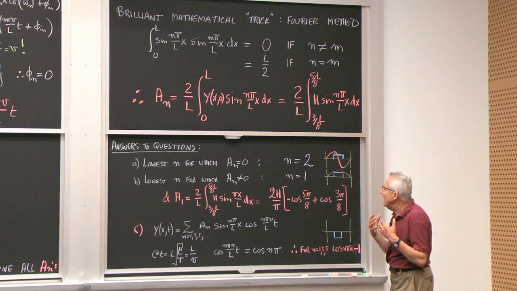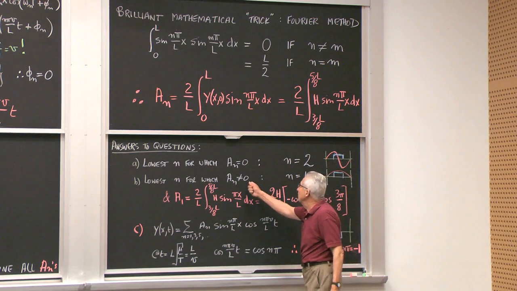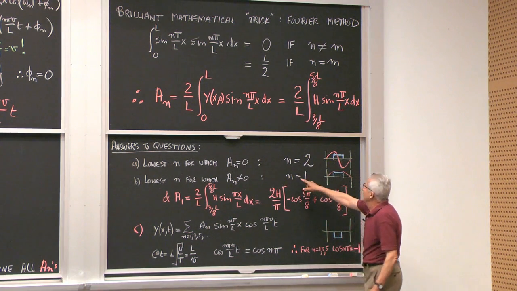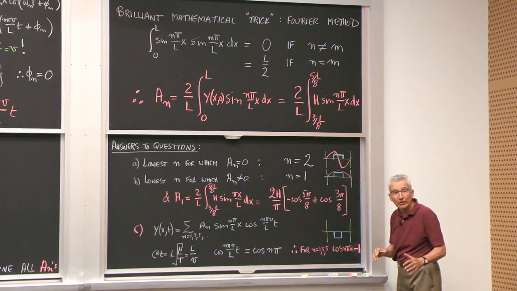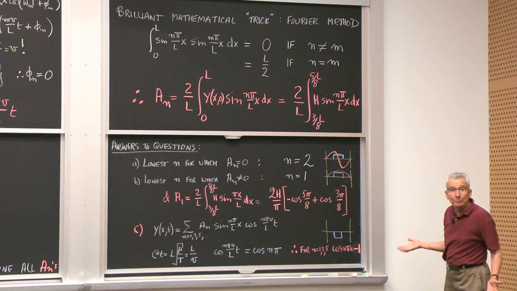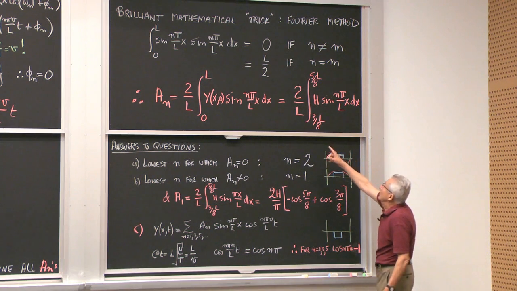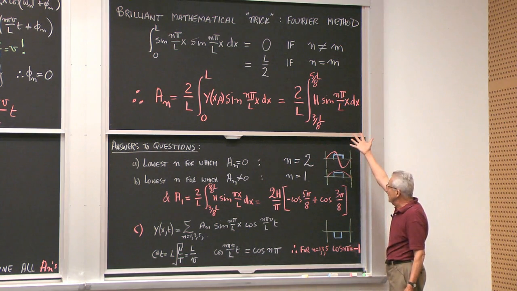Which is the lowest n for which it is excited? In other words, for which an is not equal to 0? Well, I told you, when n equals 1, clearly an is not 0. So the first harmonic will be excited. What is the amplitude? Well, we have to calculate it. I told you what every an is, but I have to do some work.